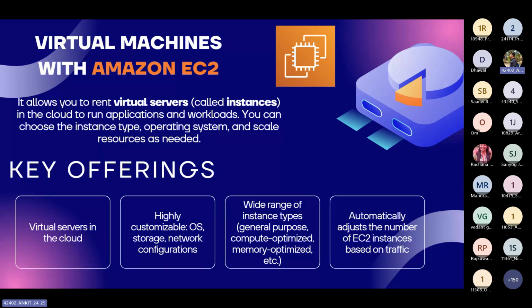So you can see that AWS has categorized these EC2 instances into different things like memory, storage, compute, depending on the applications that you're performing. It's important to choose the right instance type based on your application's need. And these key offerings are summarized in these points.